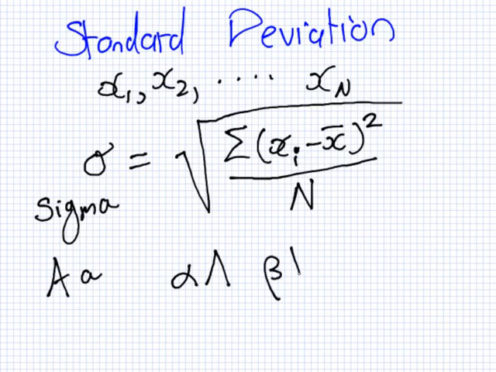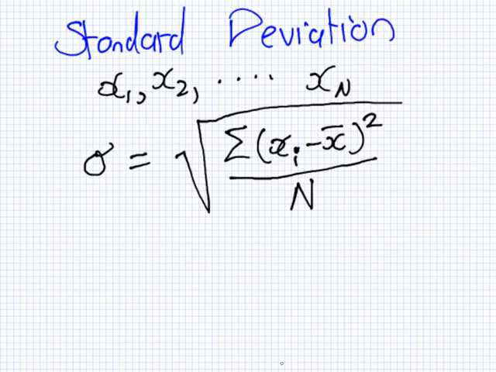Small beta, big beta, small gamma, big gamma. And this one here, remember this letter? This is called sigma. That's big sigma. This is small sigma. So, Victor, that is supposed to be a sigma.